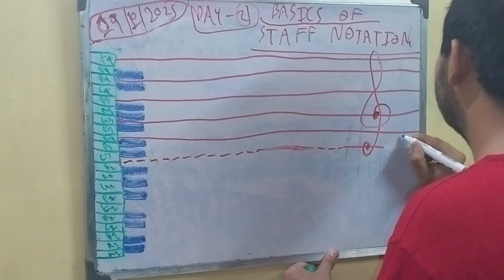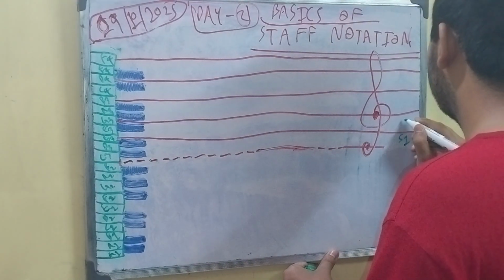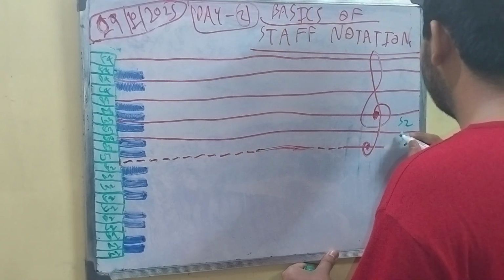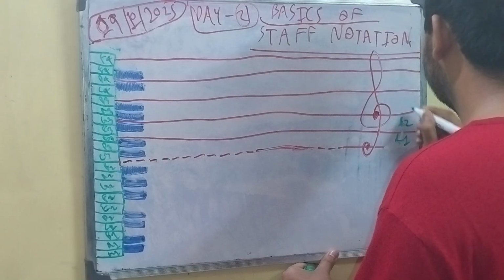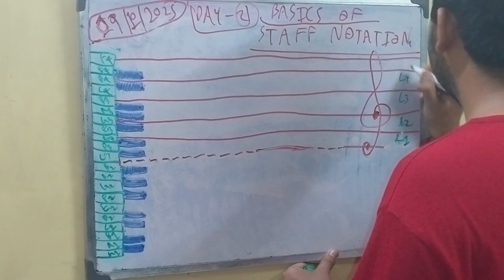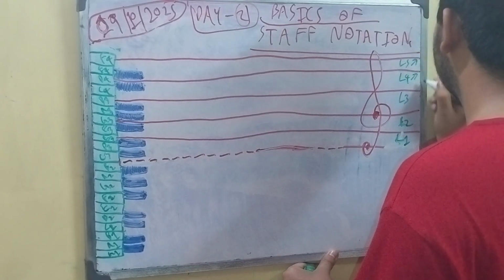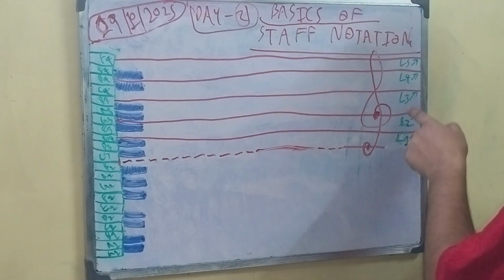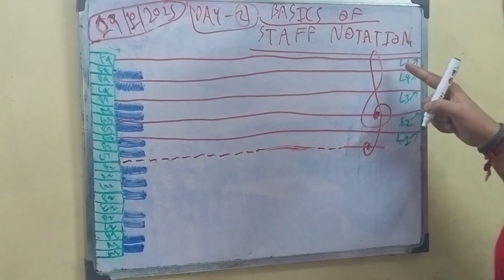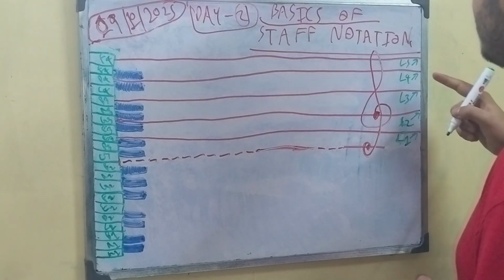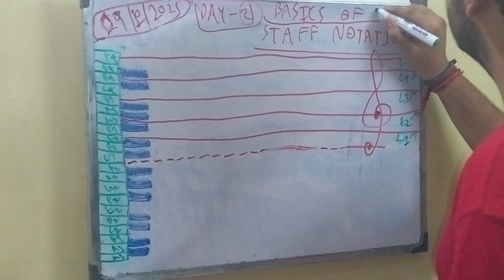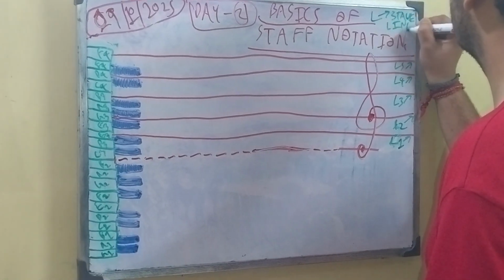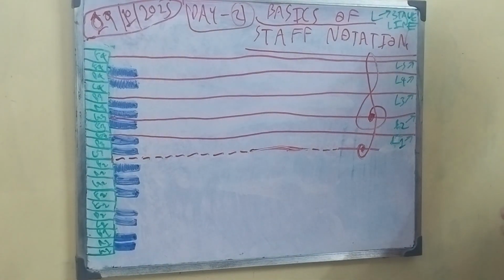So L1, L2, L3, L4, L5, with an arrow. 1, 2, 3, 4, 5 is the line number. L means stave line.